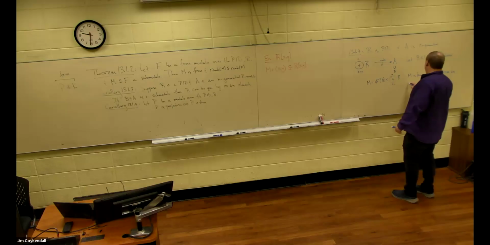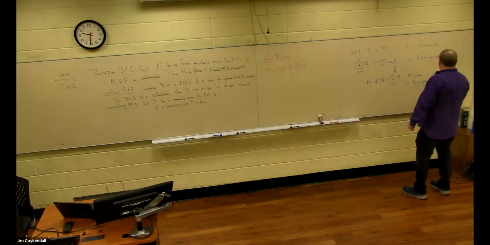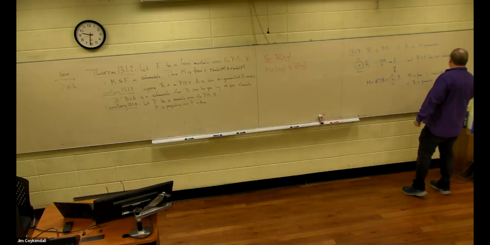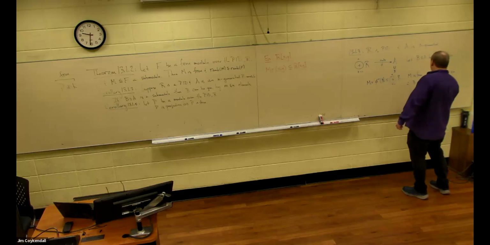Therefore, B is generated by less than or equal to n elements, the images of generators of M.